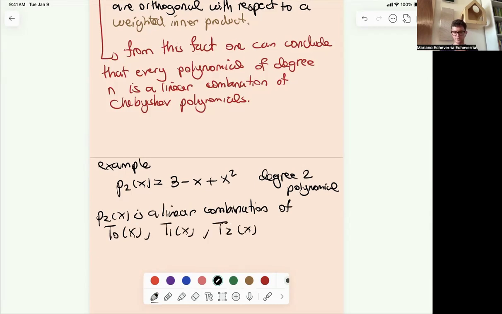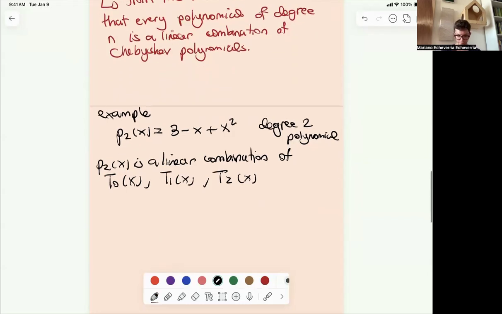So what does that mean in practice? It means that P2 of x is a constant c0 times T0 of x plus a constant c1 times T1 of x plus a constant c2 times T2 of x.